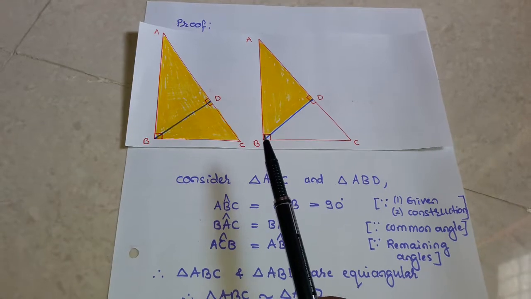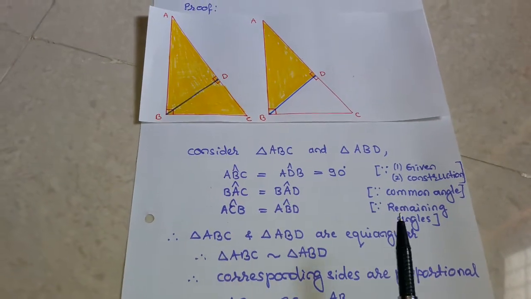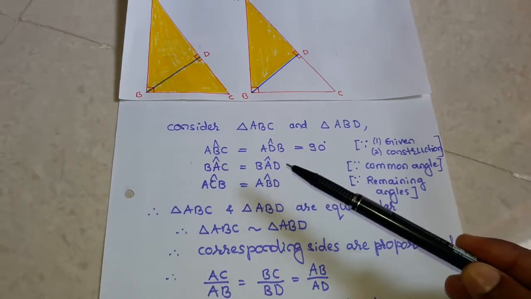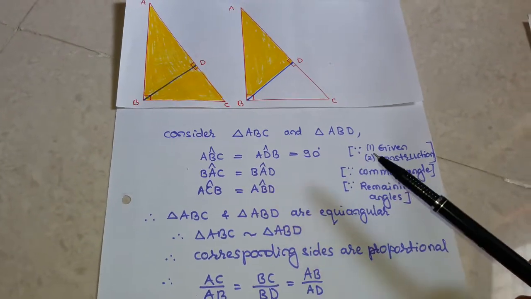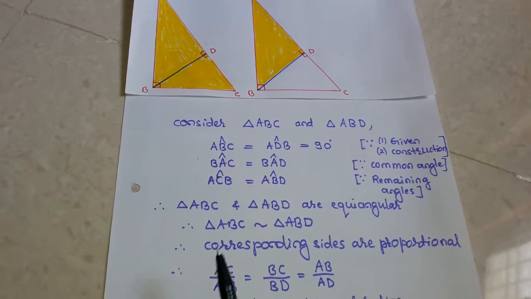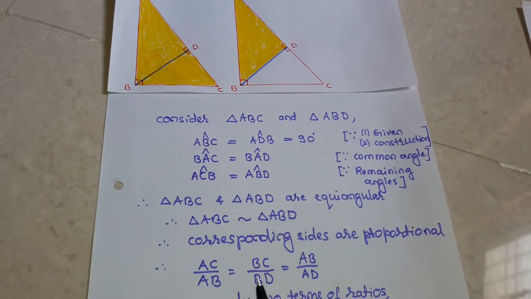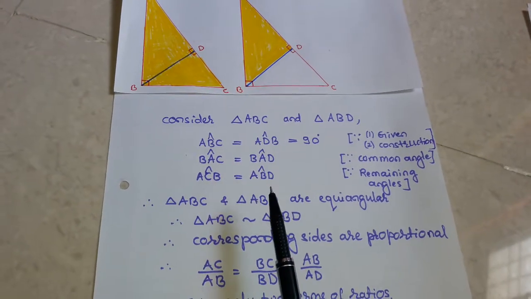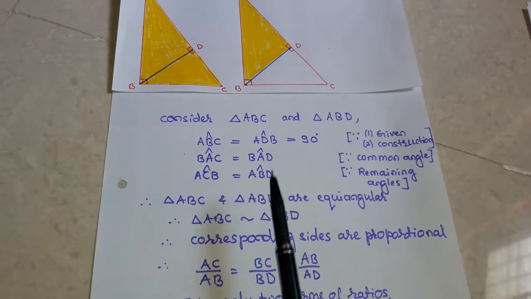So this is not used. So these 2 remaining angles must be equal because already 2 pairs have been established as equal with valid reasons. So the third pair has to be equal. Now we announce that the triangles ABC and ABD are equiangular because all the 3 pairs are established as equal.